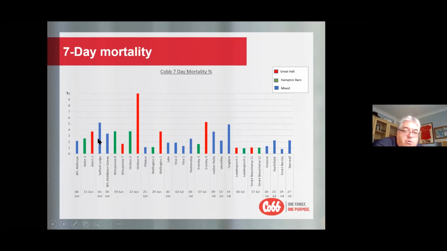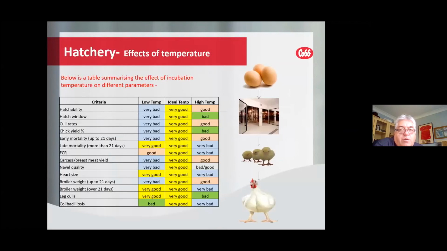And we measured this between individual farms, but you can see when you've got the houses mixed, we've got Great Hall and Hampton Barns here together, and then all of a sudden in some places when they come mixed, you have a bit of a blowout in mortality. It could be something like flushing or temperature, so it's not all the effect from the hatchery. But it goes to show exactly what we've done.